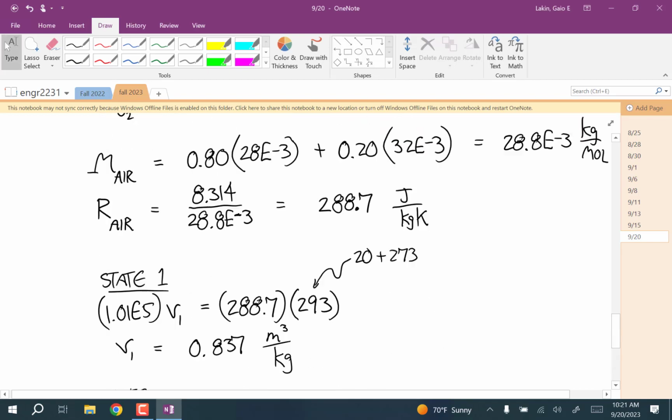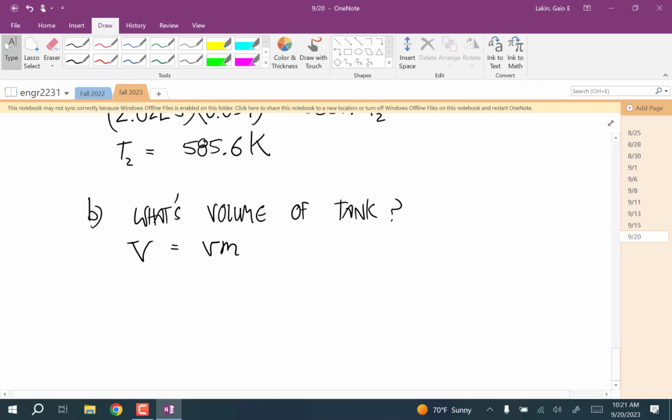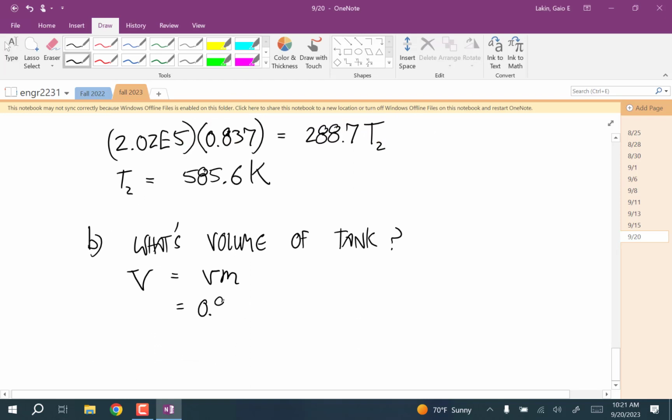We were told that we have 0.5 kilogram of air. So this is equal to 0.837 times 0.5. And so you get 0.418 meters cubed.